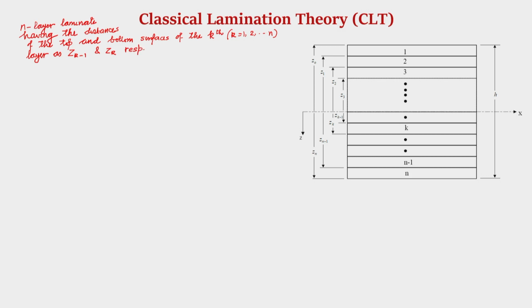This is how we designate the distances of the layers from the mid surface. This is the mid surface. This is the laminate, this is the y direction. We have only shown the x z.